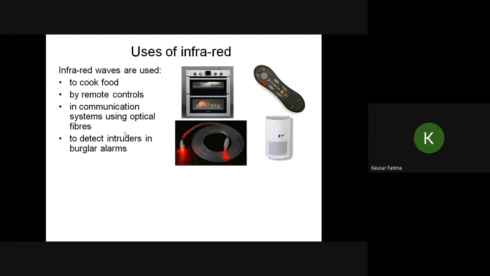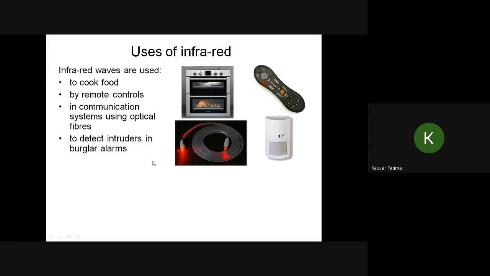Okay, communication systems also can use it, like in optical fibers. Optical fibers make use of laser. They can make use of infrared, visible light also. And intruder alarm, burglar alarm also, and to open automatic doors in shopping malls and hospitals.